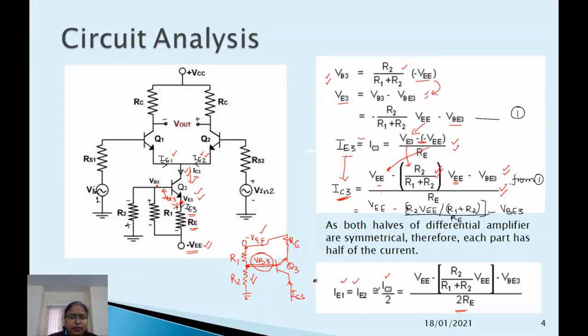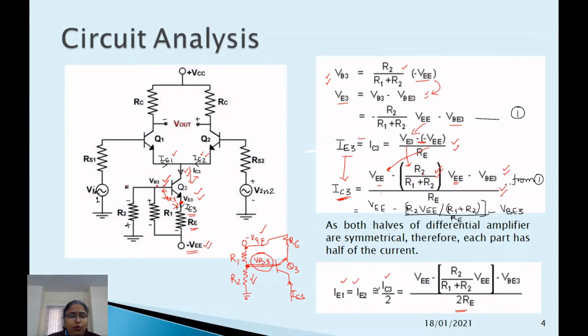So our IE1 and IE2 current is approximately equal to IC3 by 2, which is equal to this, as I have already told you. Now this current can increase when it is flowing in the path of Q1 and Q2. In this constant current bias circuit, we are not supplying any voltage at the base or at the emitter of transistor Q3.